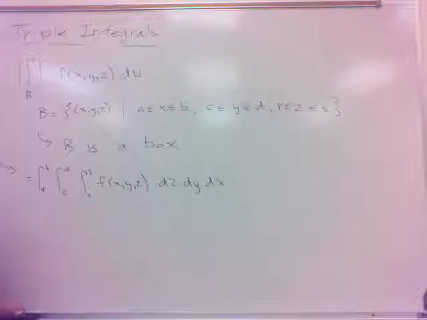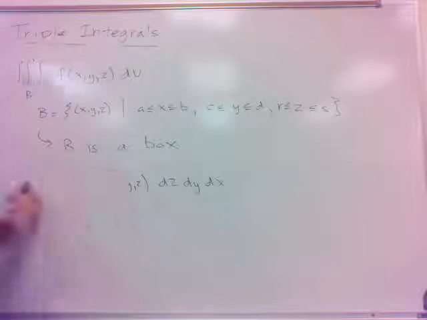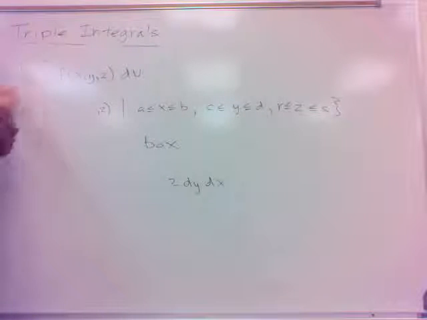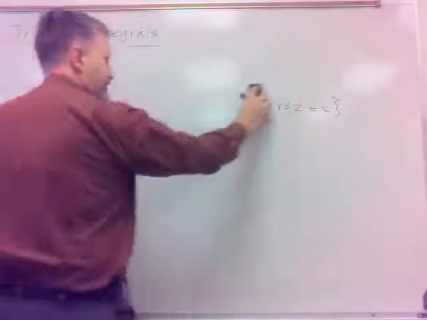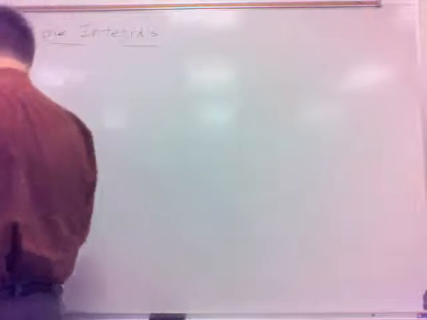All right, but like I said, what we're going to focus on is this region being something other than just a box, integrating over a more general region, a triple integral over a more general region.